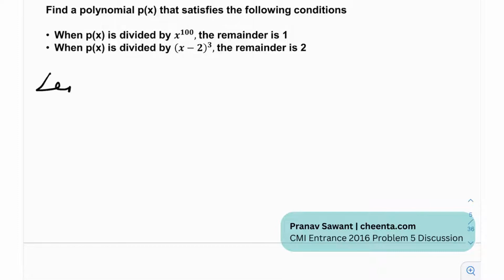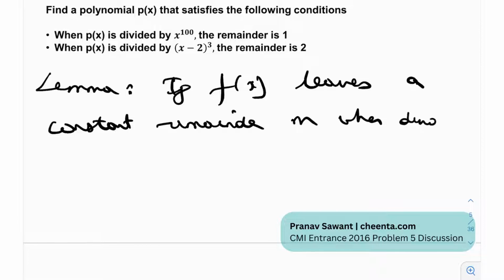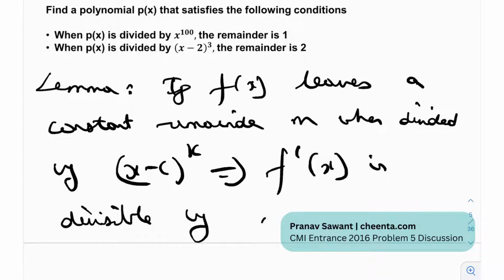Now I'm going to write a lemma. So my lemma is that if f of x leaves a constant remainder, let's say m, when divided by (x minus c) raised to the power k, then that implies that f prime of x is divisible by (x minus c) raised to the power k minus 1.